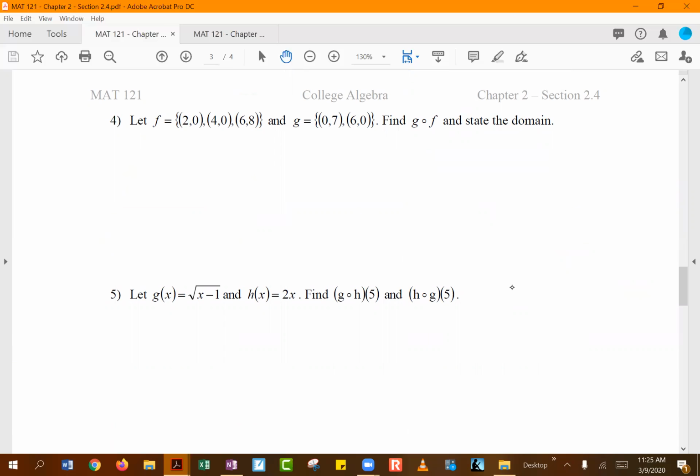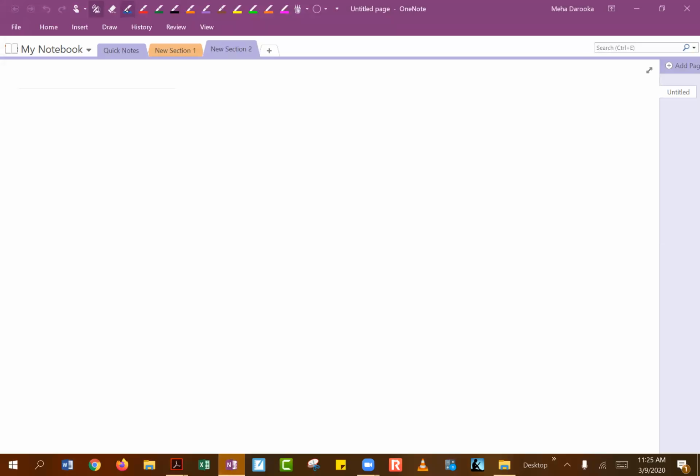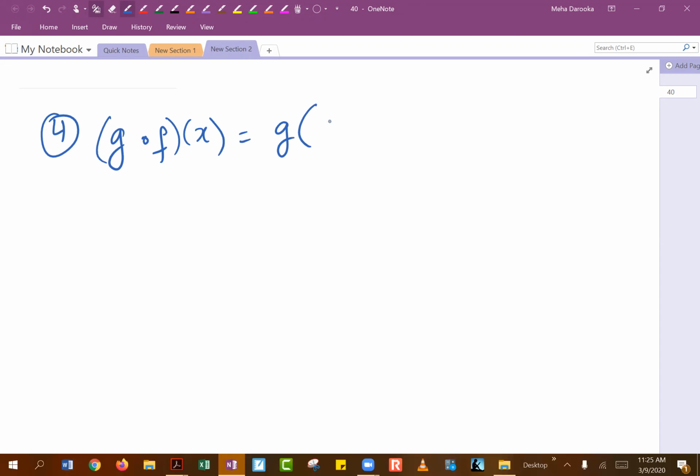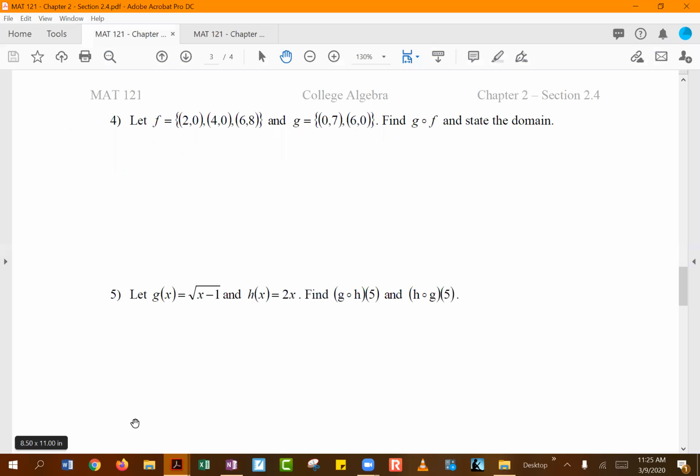So when they ask you to find g of f, g goes on the outside, f goes on the inside. They're asking us to find g of f, and they're also asking what the domain is going to look like.